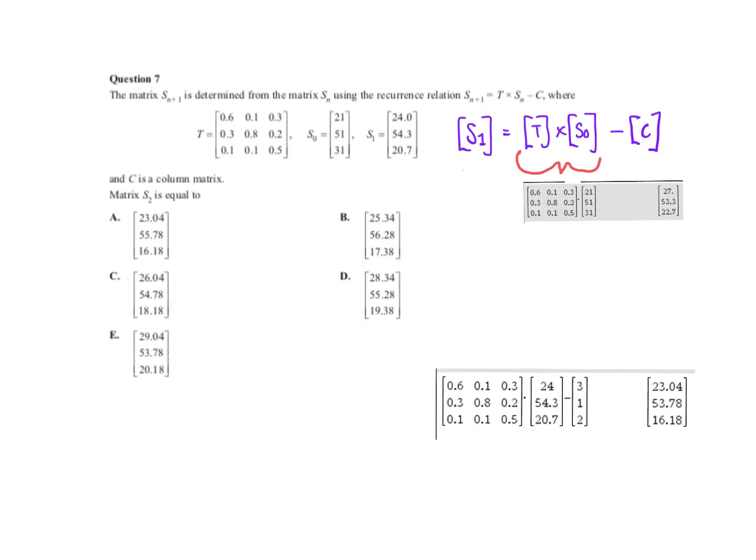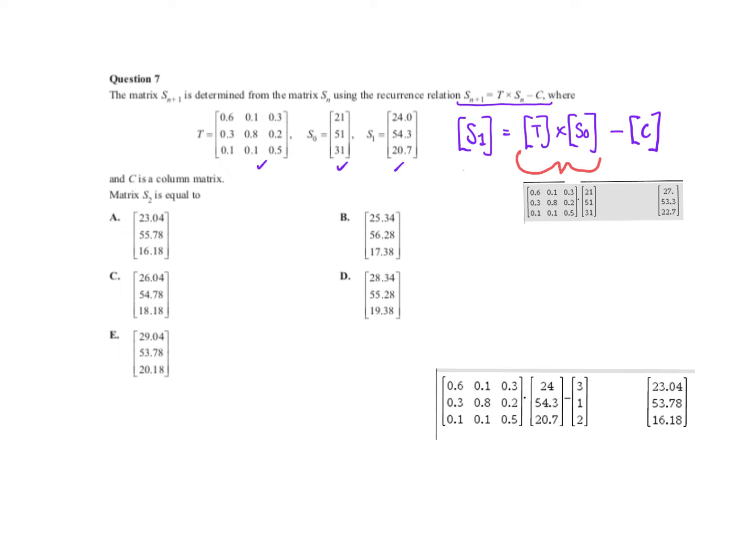Okay, so they've given us a formula of how to find the next term. We're doing transition times the one before minus C, and they want us to find C, which is a column matrix. So we don't know what C is, and matrix S2 is equal to. We've got S1, and we've been given S0, and we've got the transition.